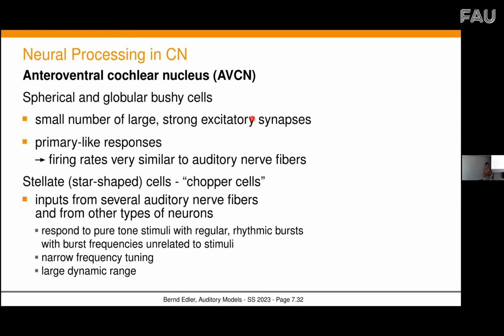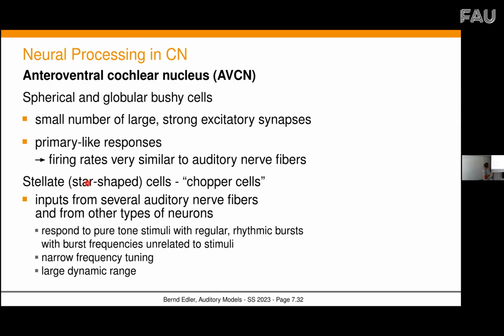That means they can have high firing rates, and they show what is called primary-like responses. That means they resemble the primary firing rates and distribute them further. So their firing rates are quite similar to those of the auditory nerve fibers, and they more or less distribute the neural activity.